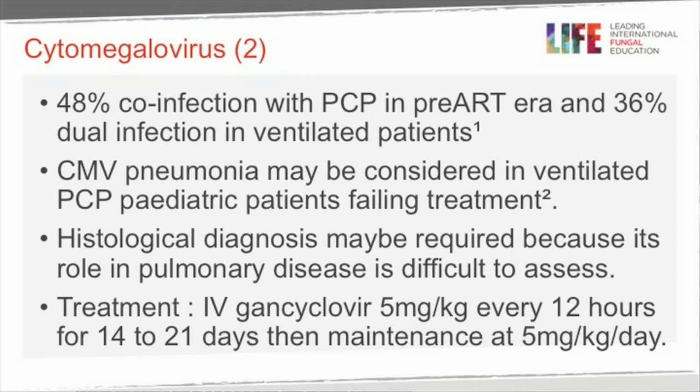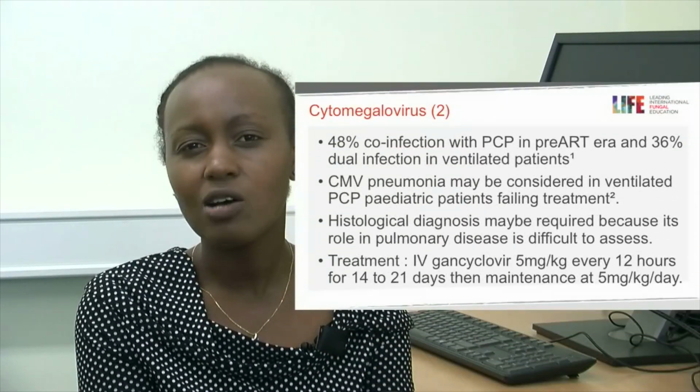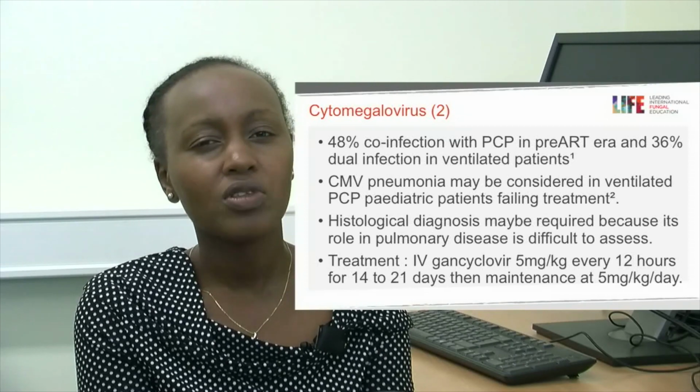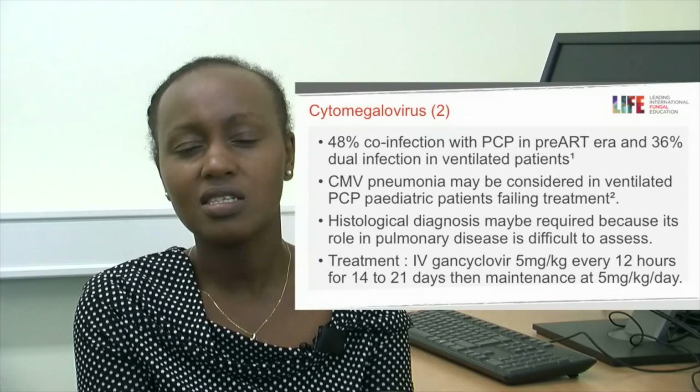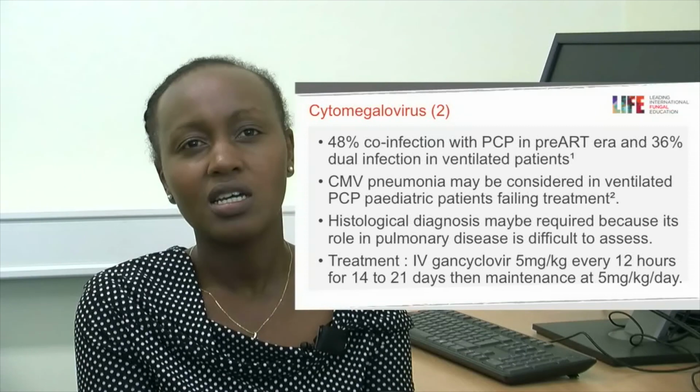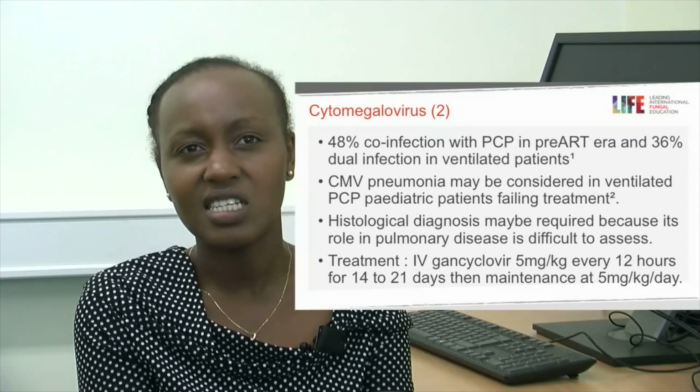Histological diagnosis is sometimes required because its role in pulmonary disease is sometimes difficult to assess. So sometimes biopsies need to be done to find out if the CMV that is being detected in blood is also present in the lungs.